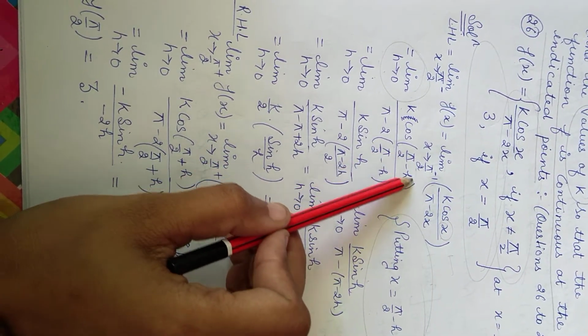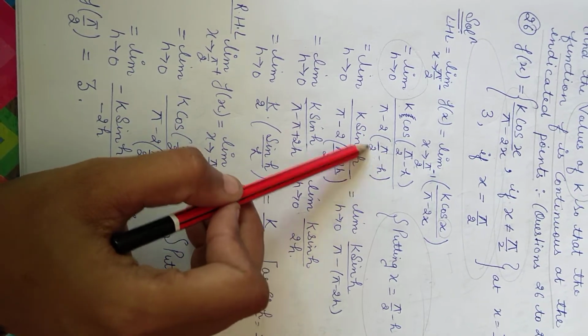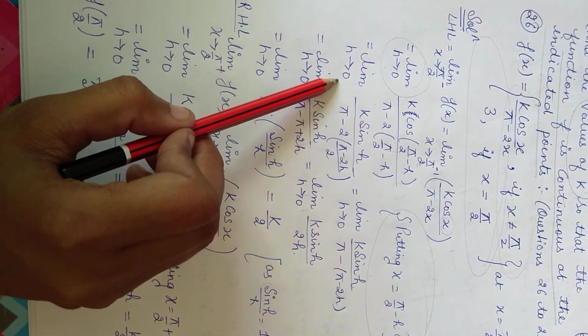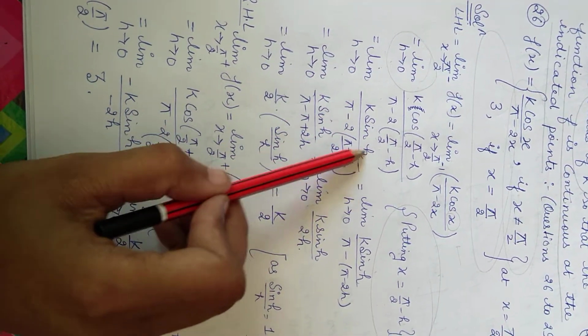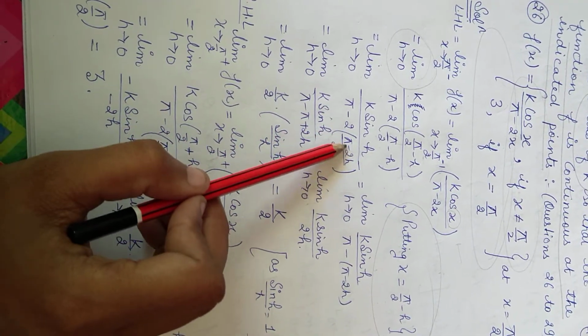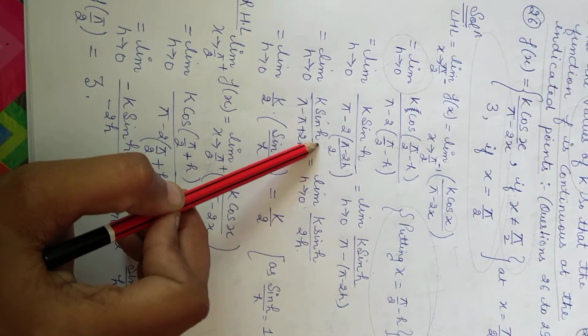Pi by 2 minus h. This is pi बच्चे, pi minus 2 into pi by 2 minus h. Clear? Limit of h tends to 0, that is बच्चे k sin h upon pi minus 2 into pi minus 2h. LCM we have taken, so it will become 2h upon 2.